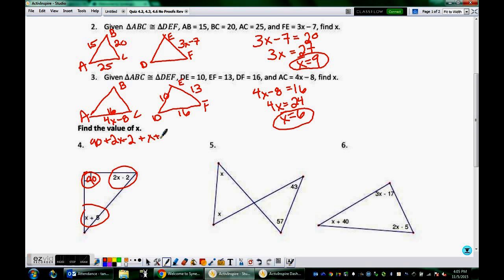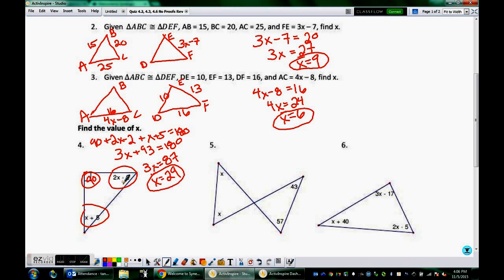So I've got 90 plus 2x minus 2 plus x plus 5 equals 180. Combining like terms, I have 3x plus 93 equals 180, which means that 3x equals 87 when I subtract 93. And when I divide out, x is going to be 29.